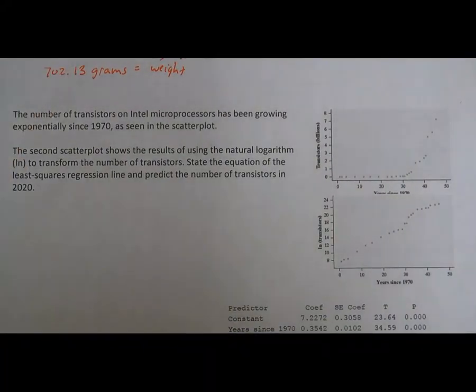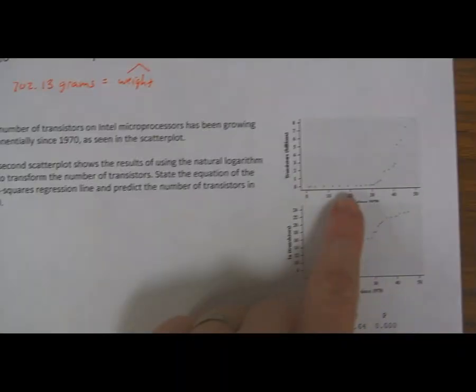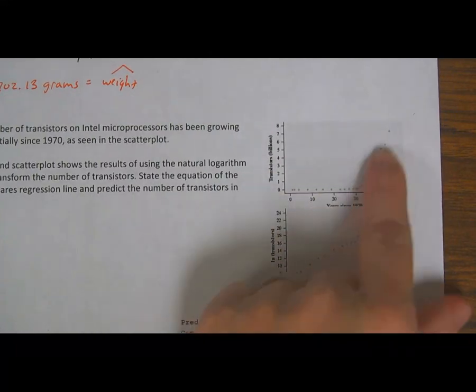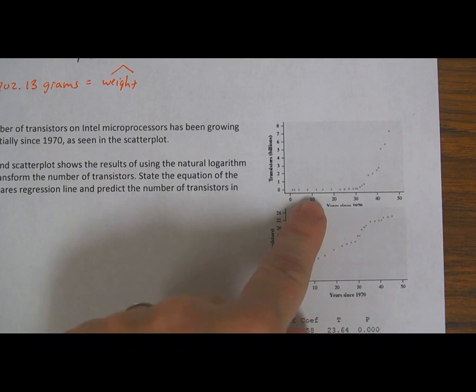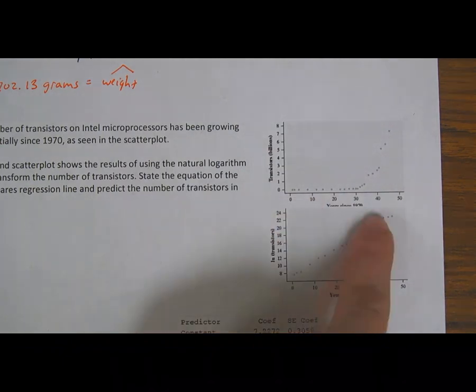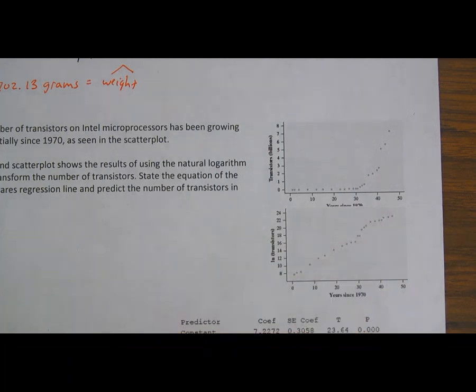The number of transistors on Intel microprocessors has been growing exponentially since 1970. So look at the scatter plot and you can see that there's like this exponential growth. Well, statisticians don't like data that's curved, so we're going to force it, we're going to straighten it out so that we can use a line, a least squares regression line, to predict.